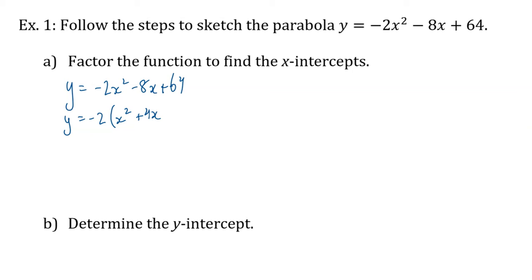When I divide negative 8 by negative 2, I get a positive 4. And then positive 64 divided by negative 2 is going to be minus 32. Then I'm going to factor this.